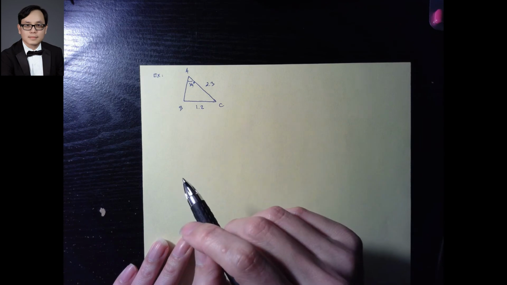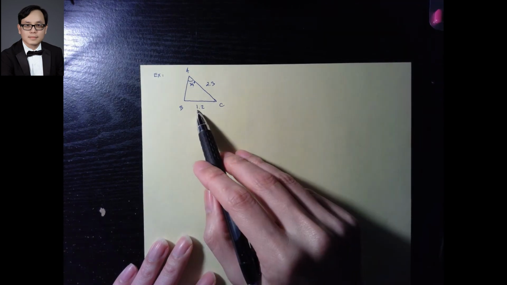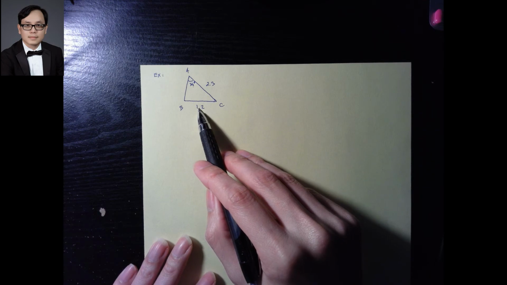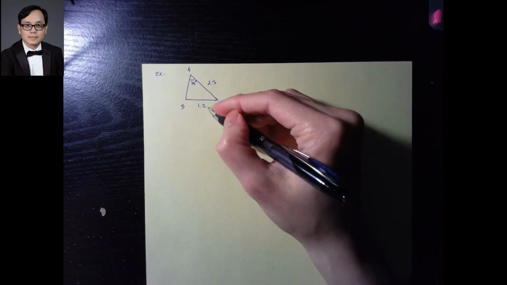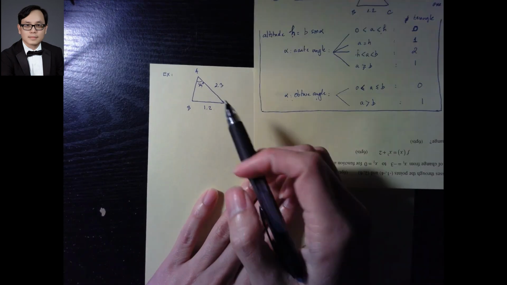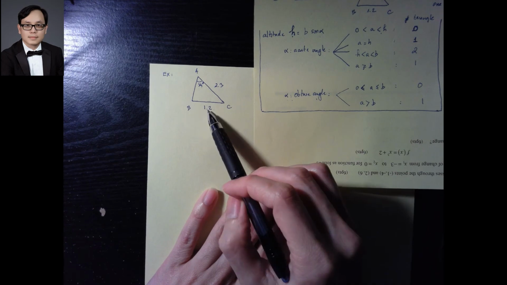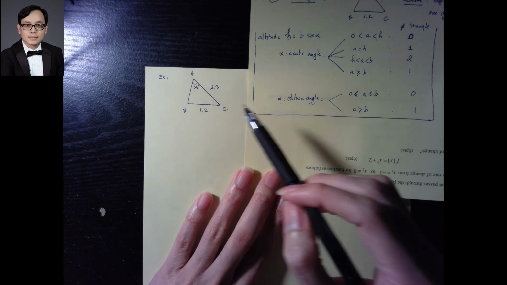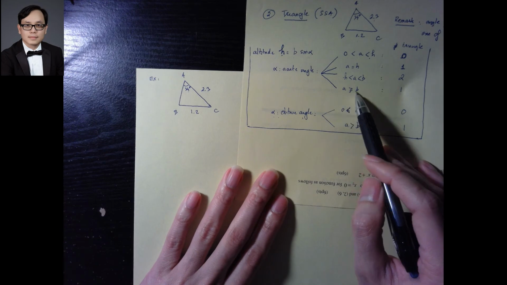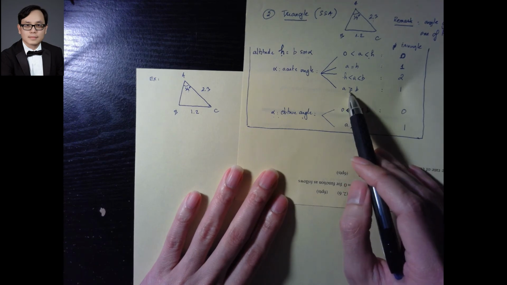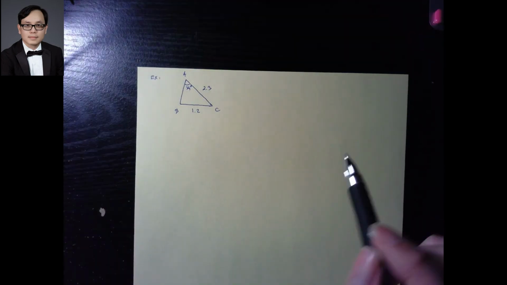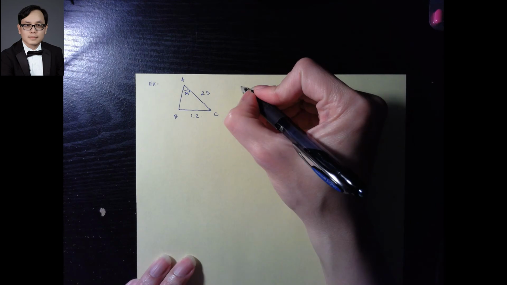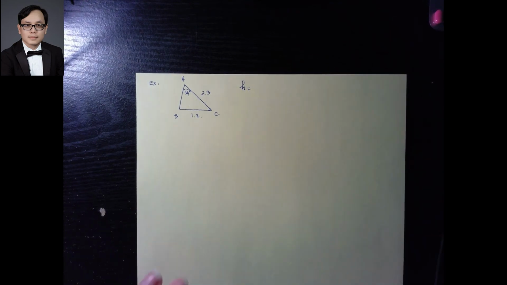Then we have to calculate. Your B over here is greater than A, and because B is greater than A, it's not in the case where A is greater than B. So we have to calculate h first, unless alpha is an obtuse angle.